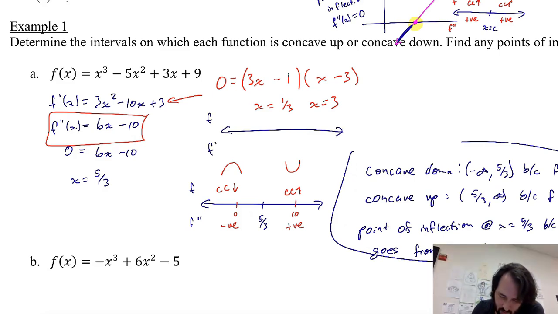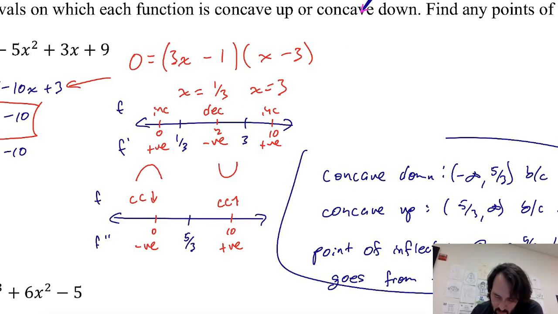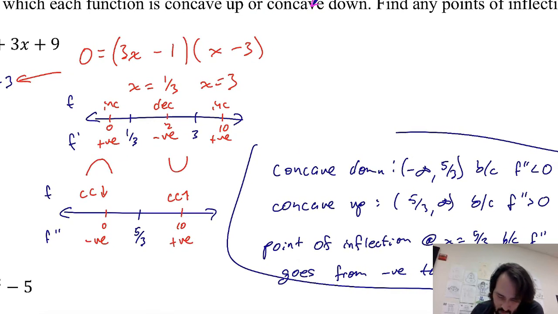So if I have f prime and f, my candidates are 1/3 and 3. So I would want to check like 0 or something, and that would be positive. So I have increasing, and I could check like 2, which would be negative. So I have decreasing, and I could check 10, which would be positive. So I have increasing.